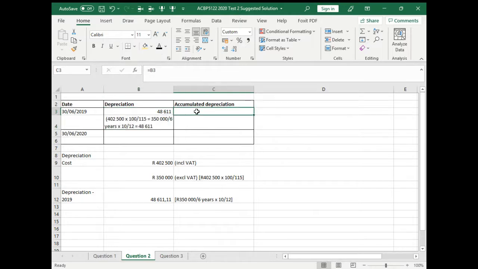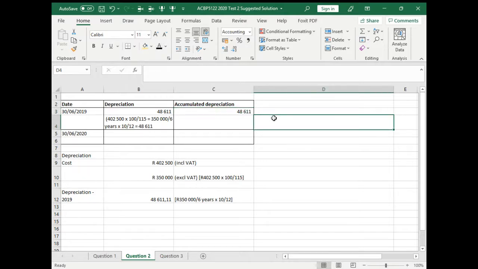So your depreciation would be that, and because it's the first year we've used the vehicle, the accumulated depreciation would be exactly the same amount. Then for year two, because it's the straight line method, we do not have to take into account the accumulated depreciation worked out as yet.